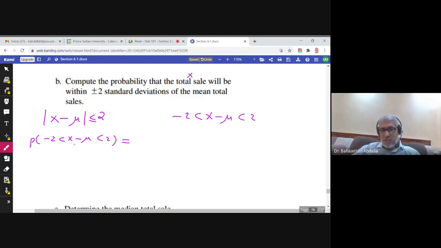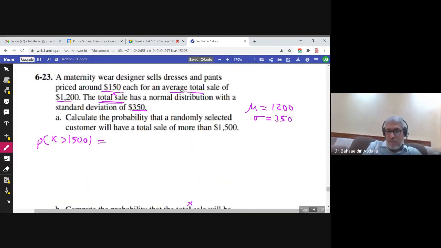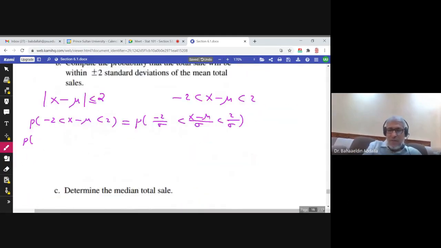Now to change to Z, all you need here is to divide X minus mu by sigma, because you have X minus mu. You need to divide only by sigma. So you divide by sigma here and here. So you have the probability that -2 over sigma, sigma is known, sigma is 350.